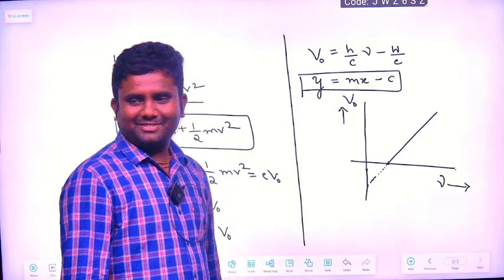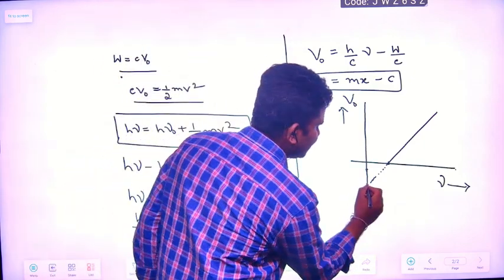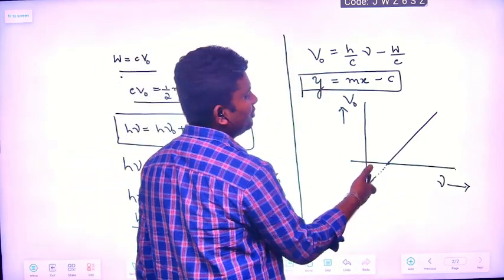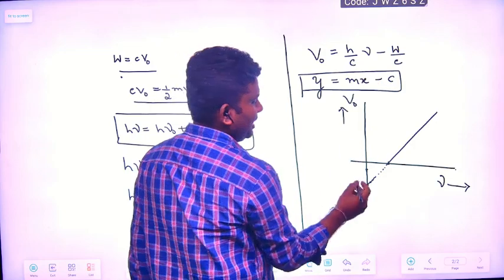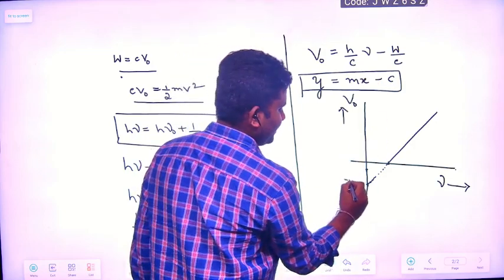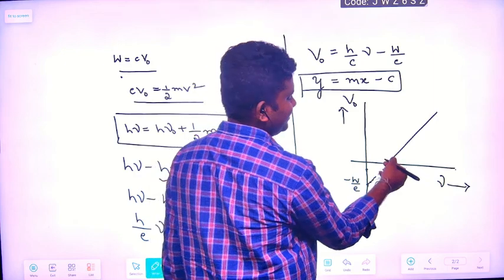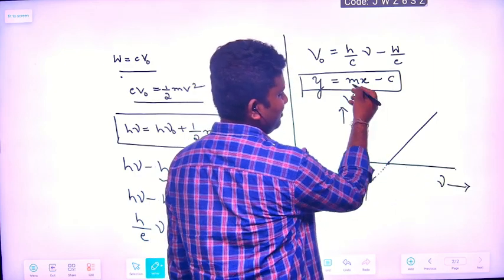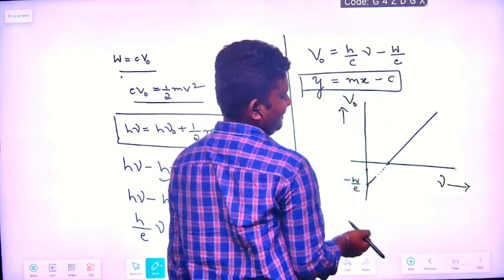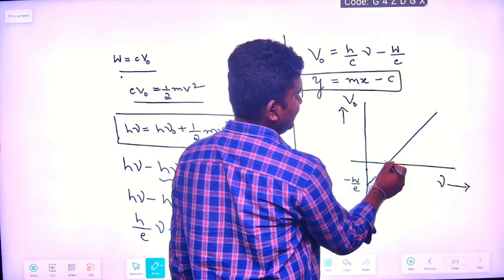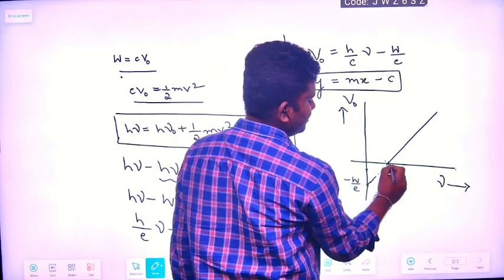Correct, right? So this is the intercept which is touching the negative y-axis, which is minus W by e. And what about the x-axis? The mx term, what is x? Frequency, touching here.